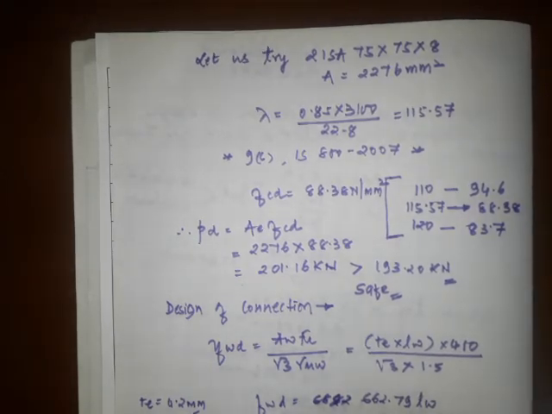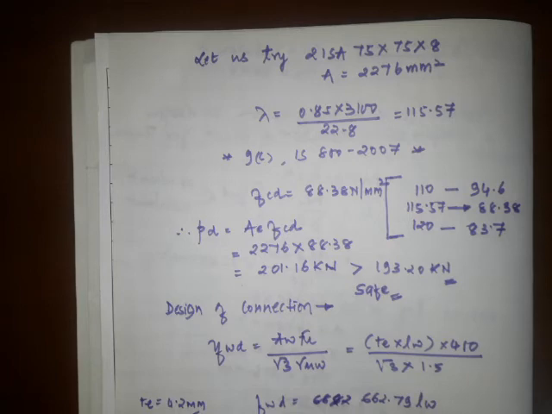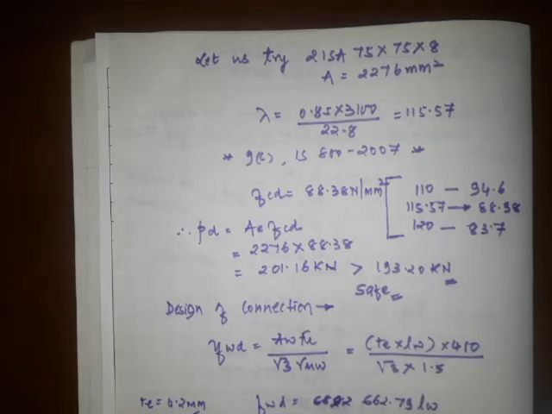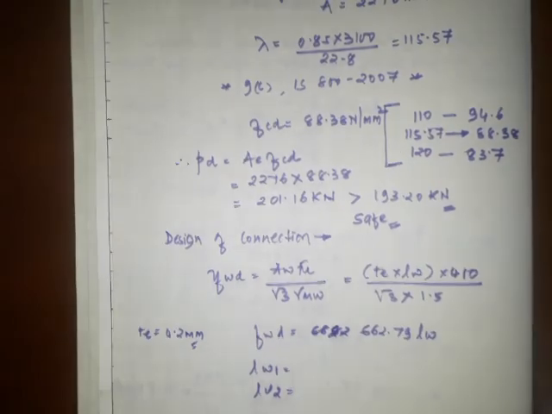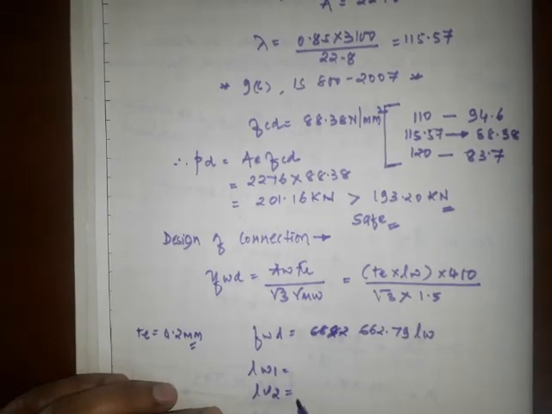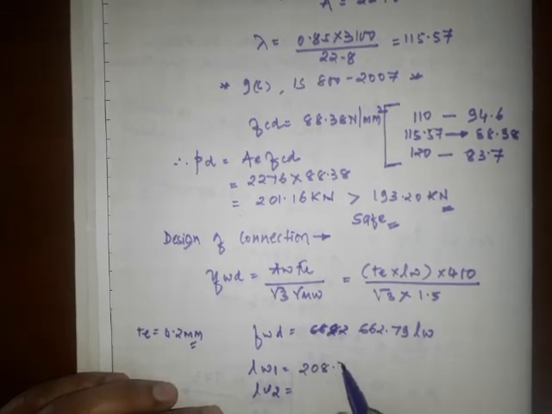By equating this LW to P1 and P2, we get LW1 equal to LW2. Here we get LW1 as 208.31 mm.